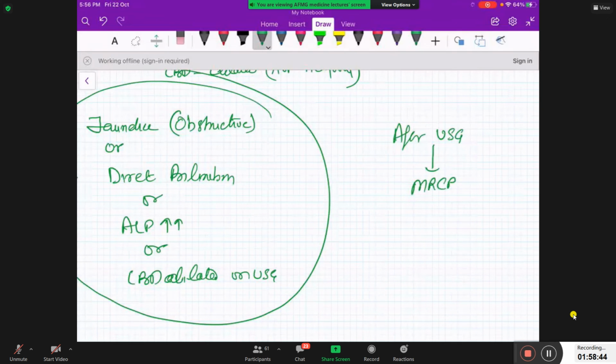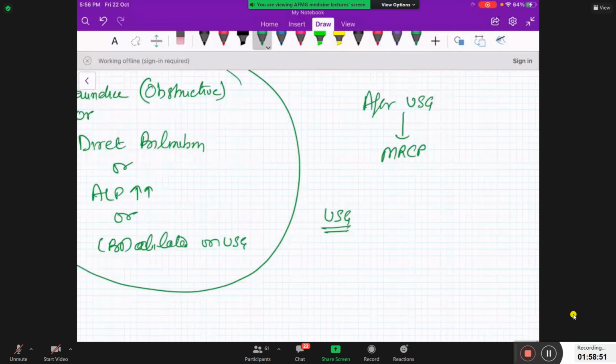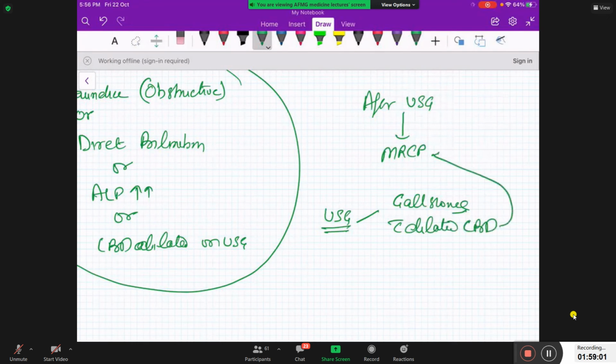Or in other words, this also you should engrave in your mind. Any patient who has on ultrasound gallstones with a dilated CBD, we should always do MRCP as a next investigation.